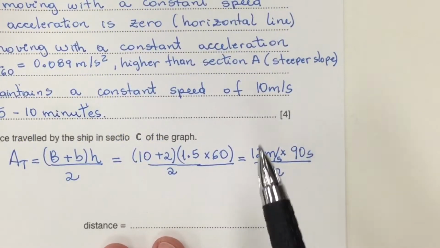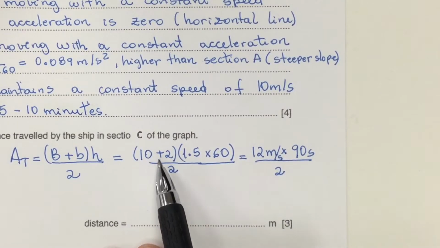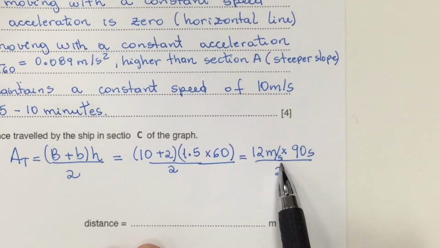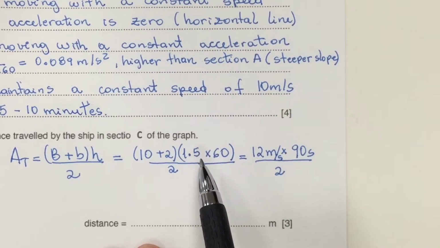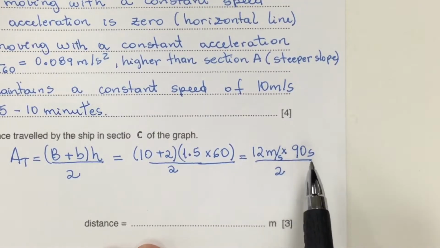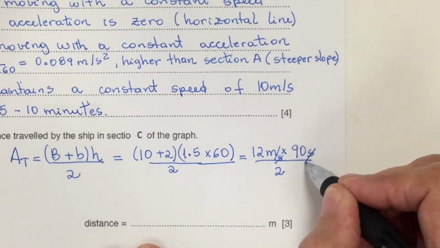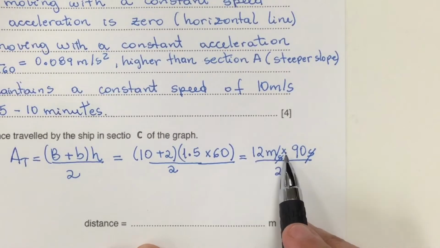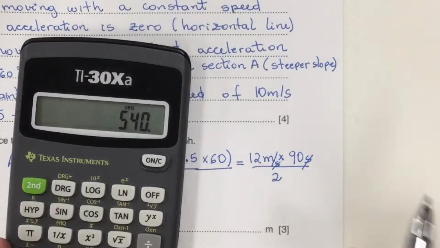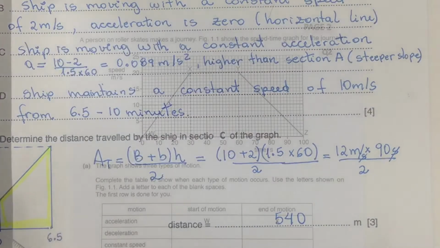Here is how the units work in order to have meters as a result. 10 meters per second plus 2 meters per second is 12 meters per second. 1.5 times 60 is 90 seconds. Now I cancel seconds with seconds, and I have 12 meters times 90 over 2. The result is 540 meters. That's the distance.